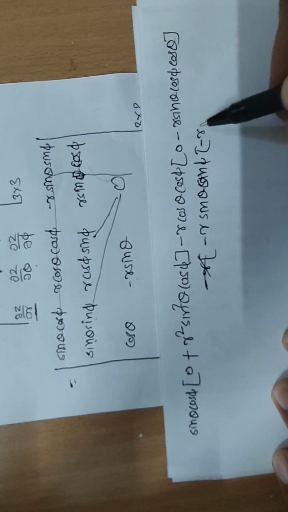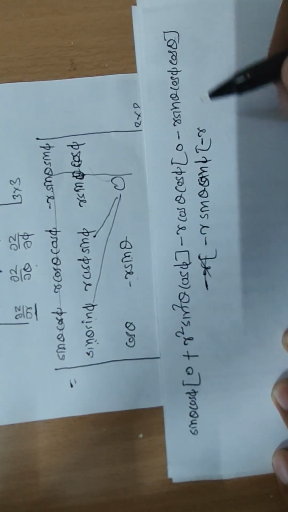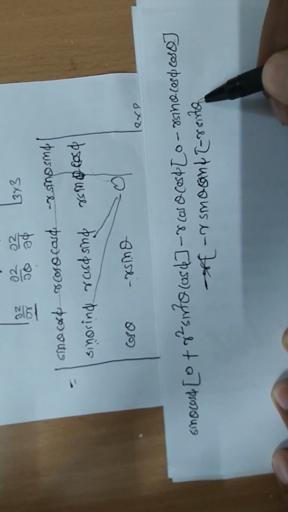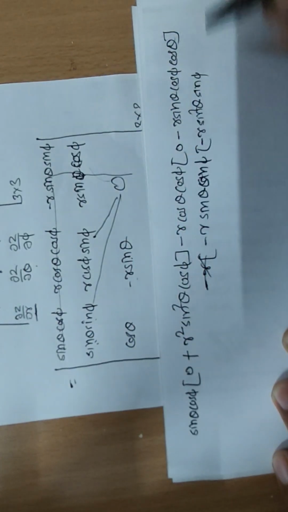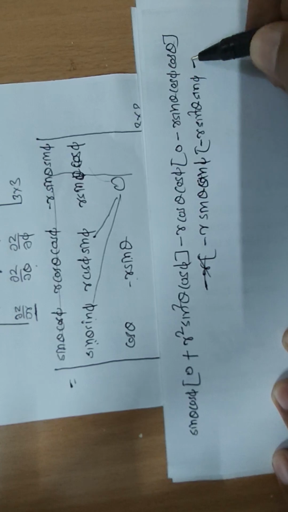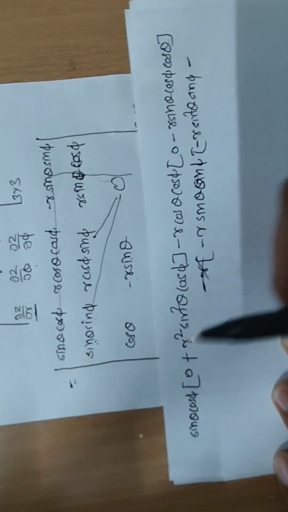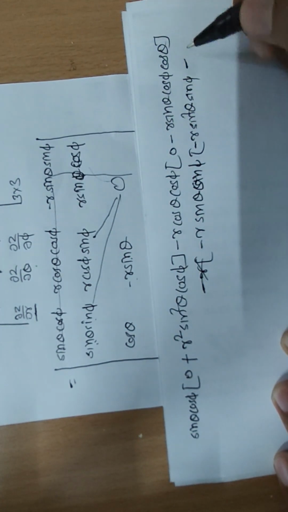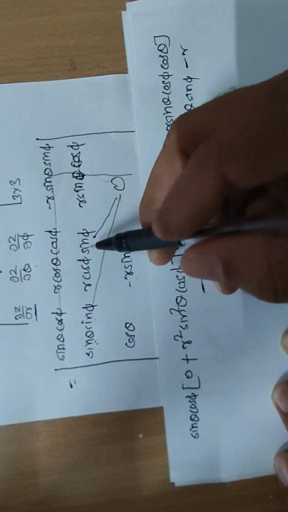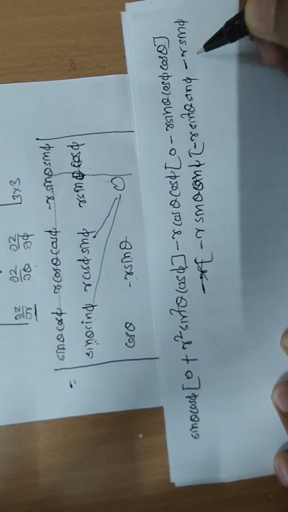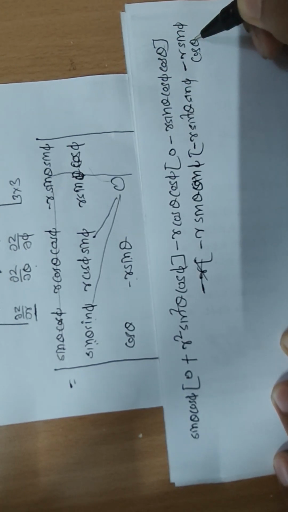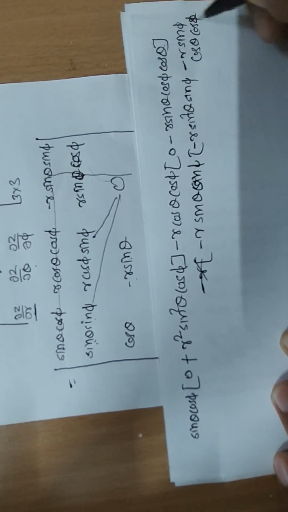So minus r sin theta into sin theta, sin square theta, sin phi, and then minus this multiplication of these two terms, r into cos phi into cos theta. Okay, so sin phi into cos theta into cos phi.